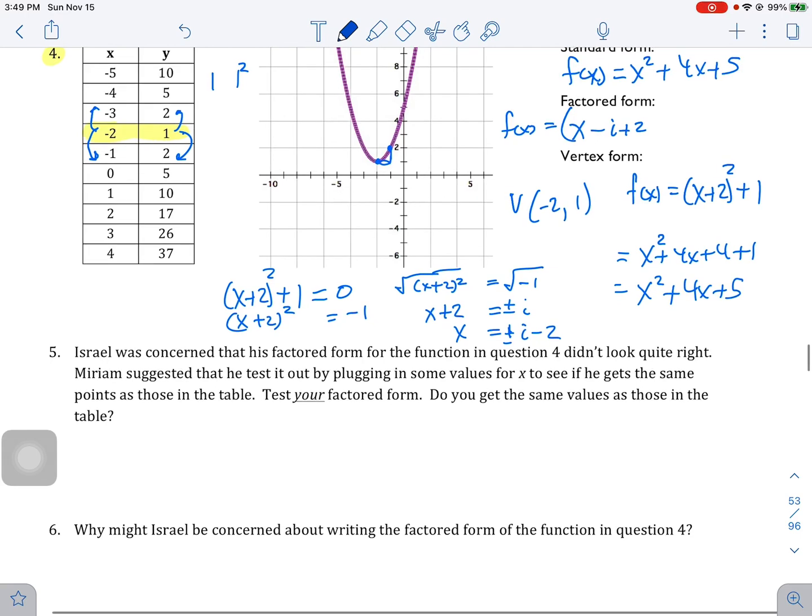And then the next factor, we would have x, this time let's use the negative i, so it would be x plus i, and it'd still be minus the negative 2, which would be plus 2, and so that represents our factored form.